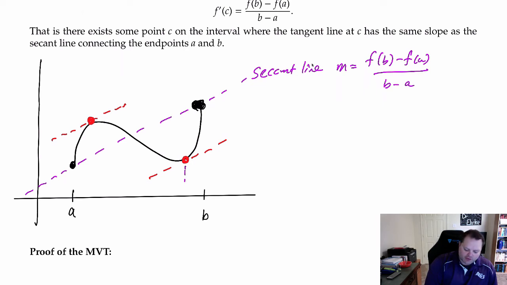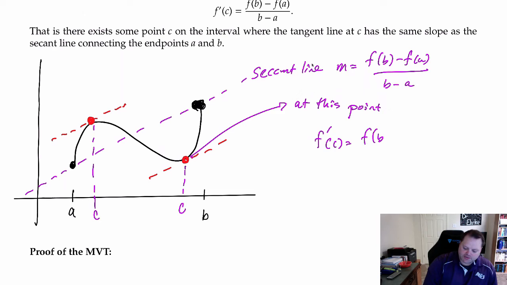So what the mean value theorem is saying is this point here, which I'll call C, and this point here, which I'll call C, at those points, the derivative at that point matches the average rate of change on the interval.